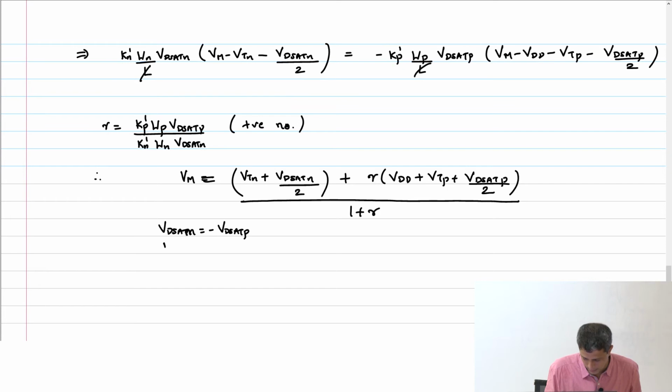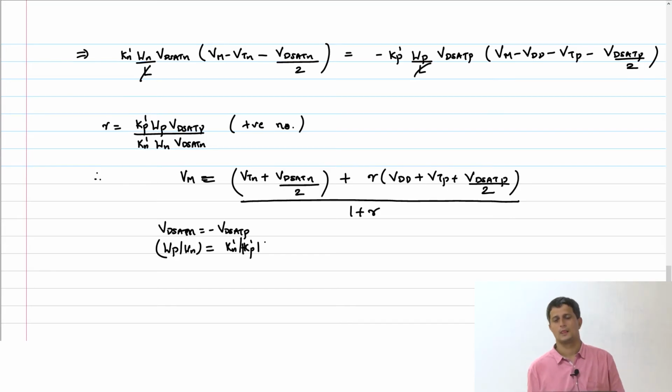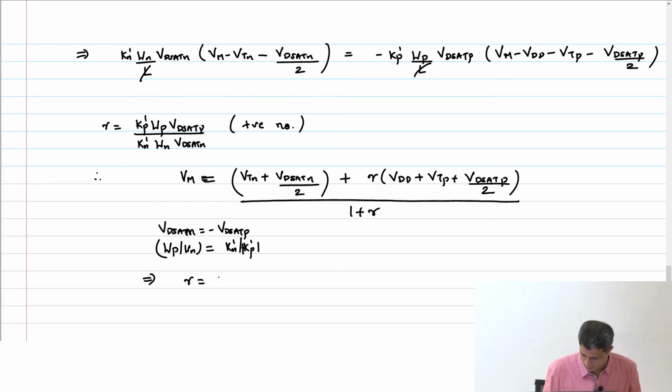Let's assume that Wp by Wn equals Kn prime by Kp prime, rather by mod, I would say. So what does this condition give us? What is R? 1. Clear? Implies R is equal to 1.